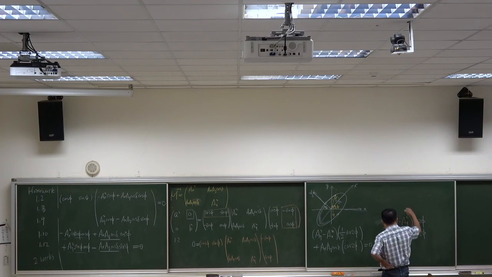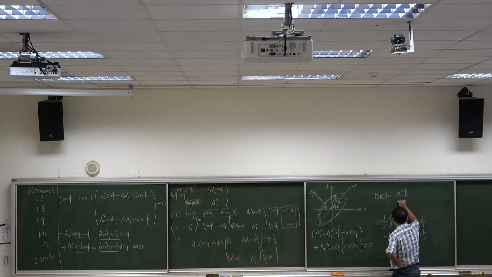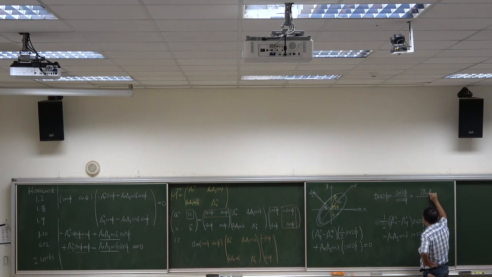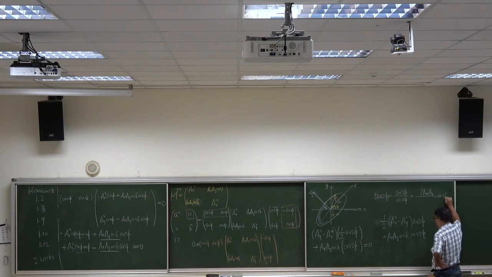So we see that tangent 2 phi, which is the ratio between sine 2 phi and cosine 2 phi, is 2 ax ay cosine delta over ax squared minus ay squared.